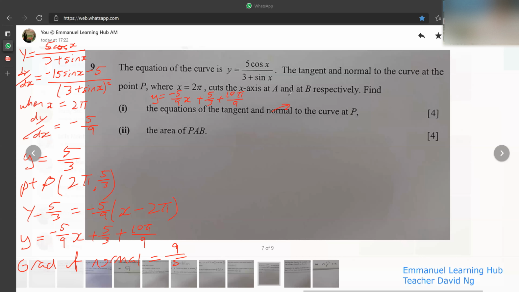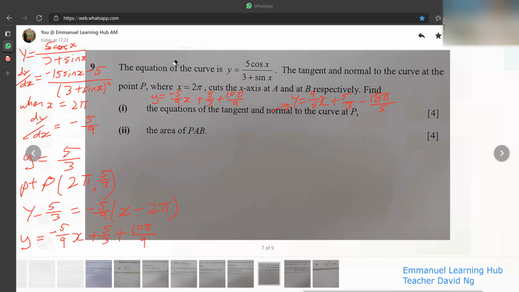And equation of normal would be, I just write out the answer here: y equal to 9x over 5 plus 5 over 3 minus 18 pi over 5. You got these two answers, right? But sure, the 9 over 5 is positive? It's positive now, 9 over 5, right? Yeah, positive 9 over 5.